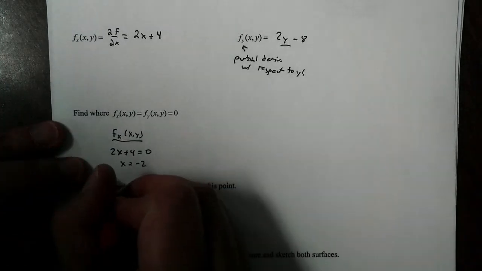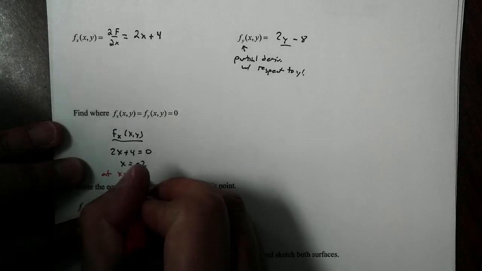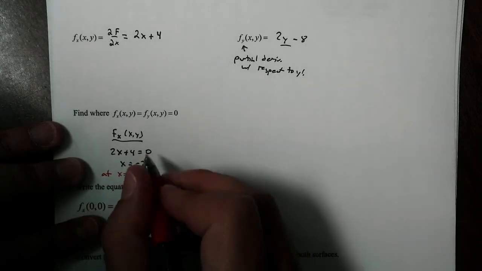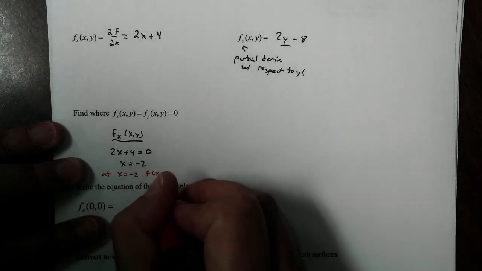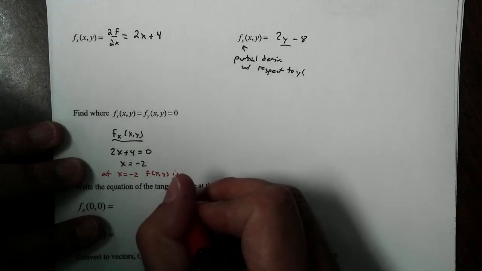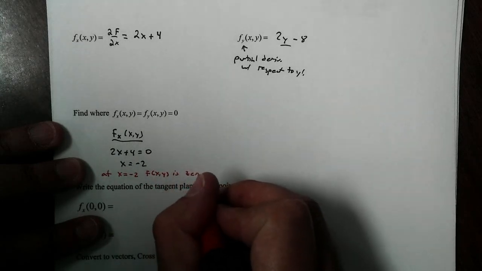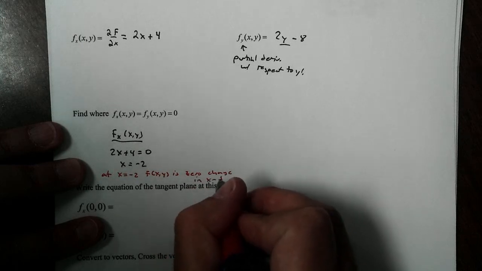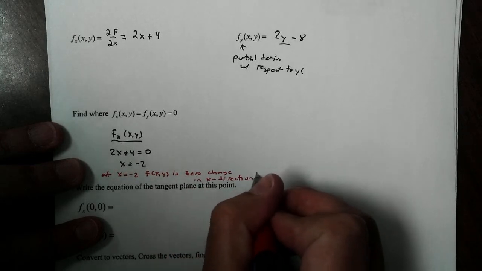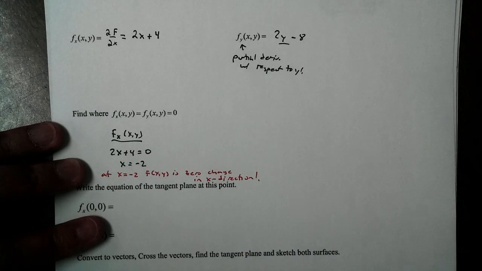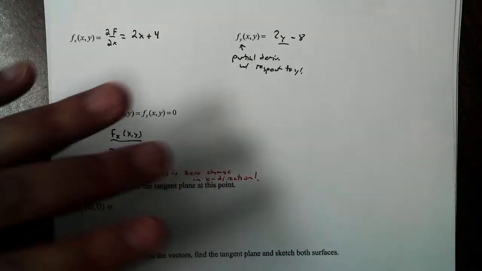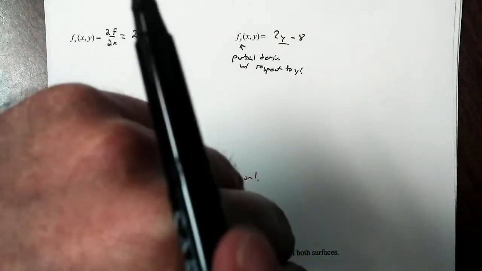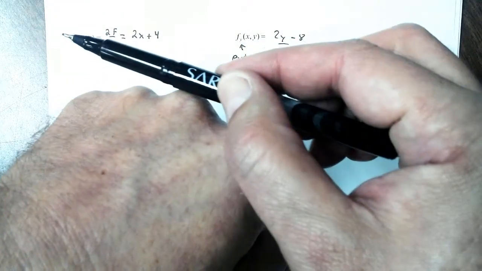Well, what this says is at x equals negative 2, the function has 0 change or 0 slope in the x direction. That's what that's telling us. So it's kind of like if you're on a hill, right? You're not changing anywhere in the x direction.